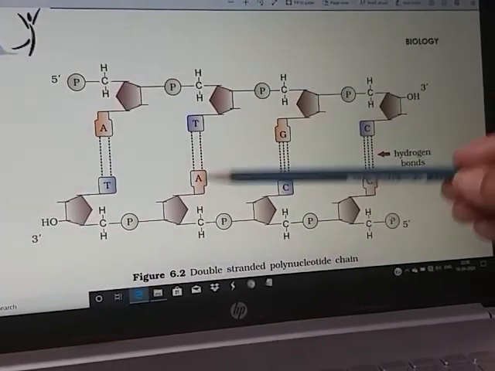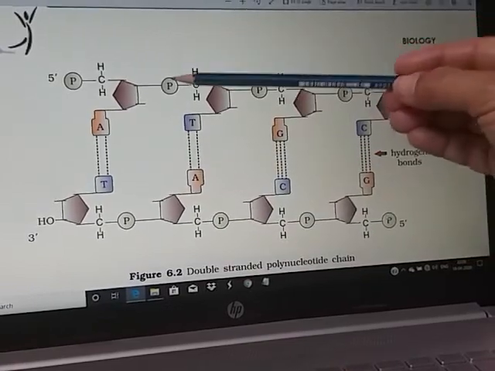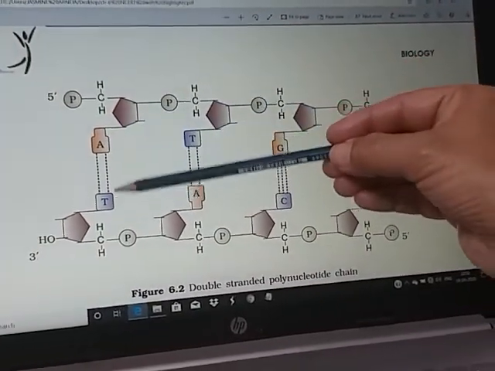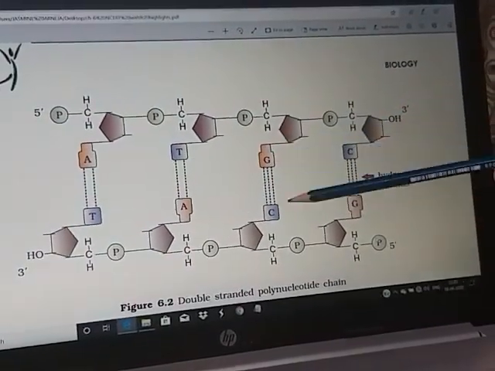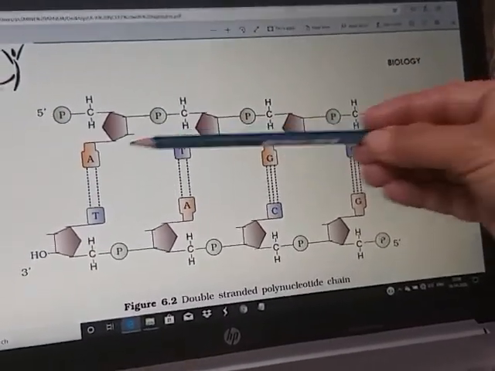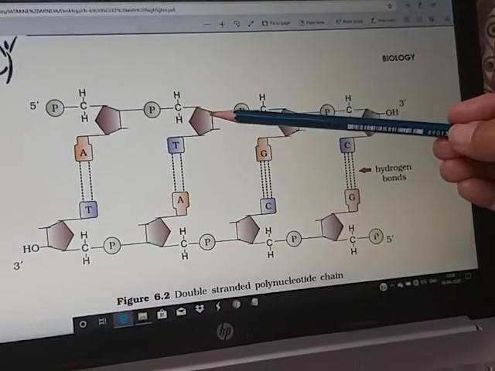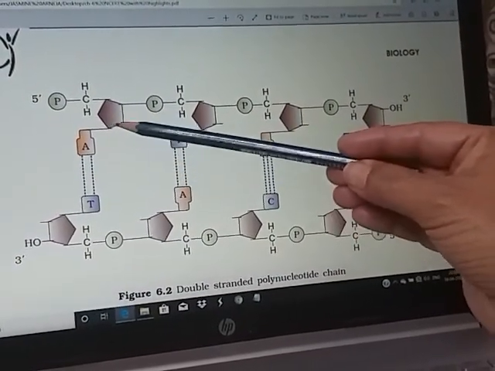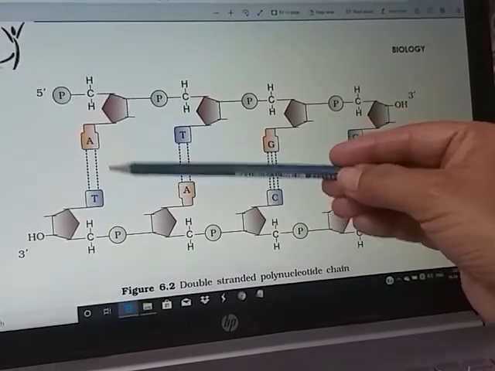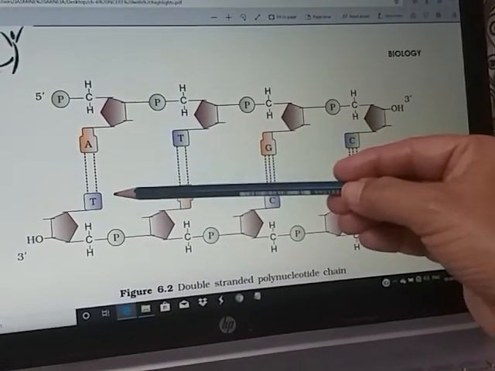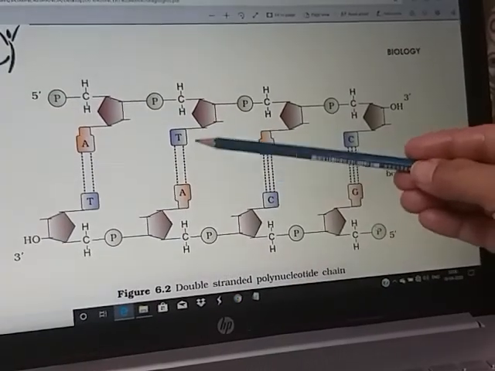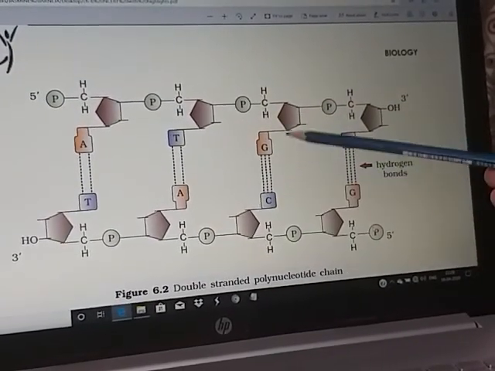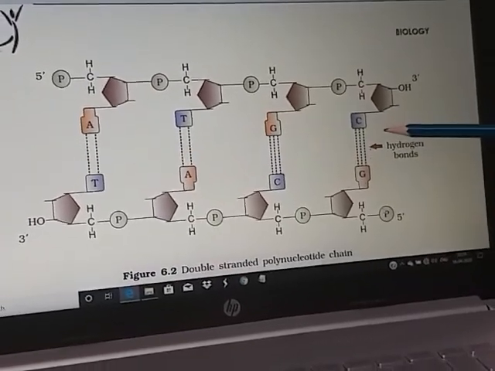where the two strands, this and this, are complementary. How these nitrogen bases are pairing in such a fashion that one purine always pairs with one pyrimidine, and also showing hydrogen bonds which are double between A and T, meaning adenine and thymine, same adenine and thymine, and triple between cytosine and guanine, same here.